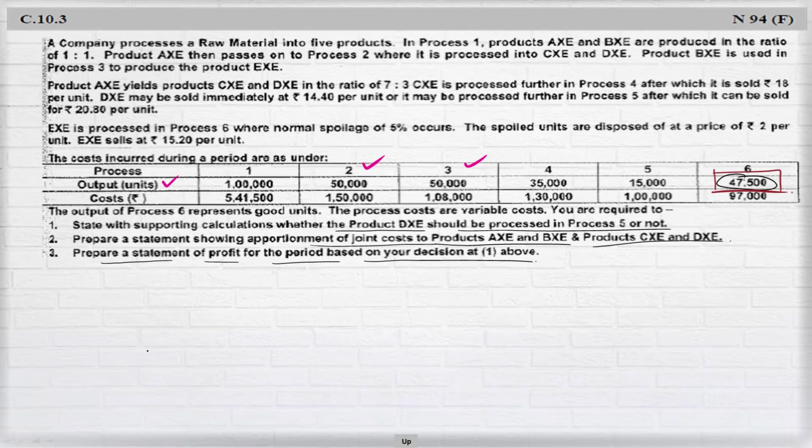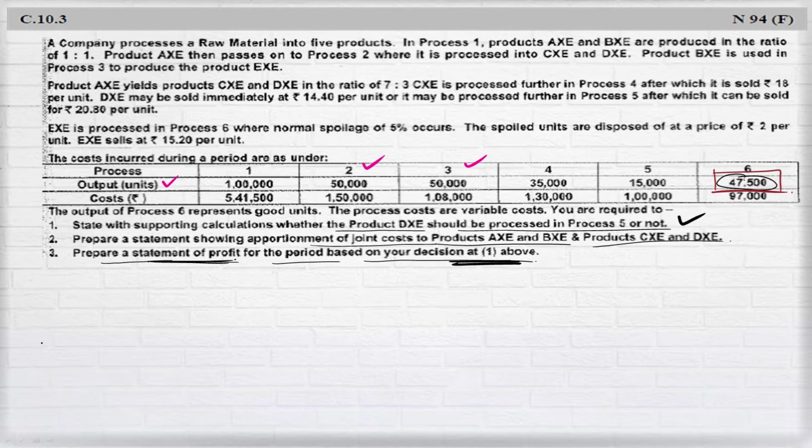What is question number 2? Prepare a statement showing apportionment of joint cost to products AXC, BXC, CXC and DXC. Prepare a statement of profit for the period based on your decision at one above. What in one have we decided? Will not further process.